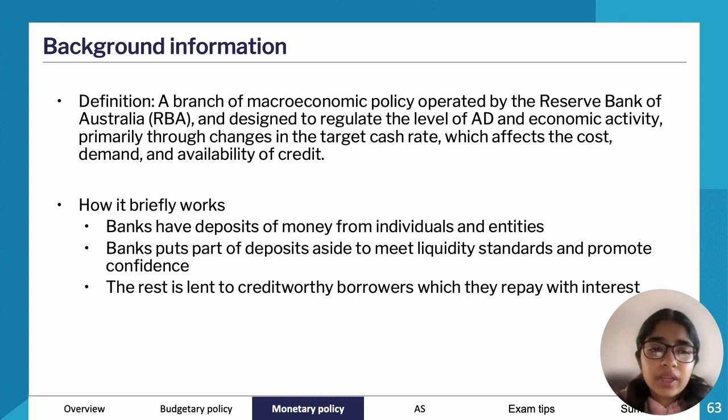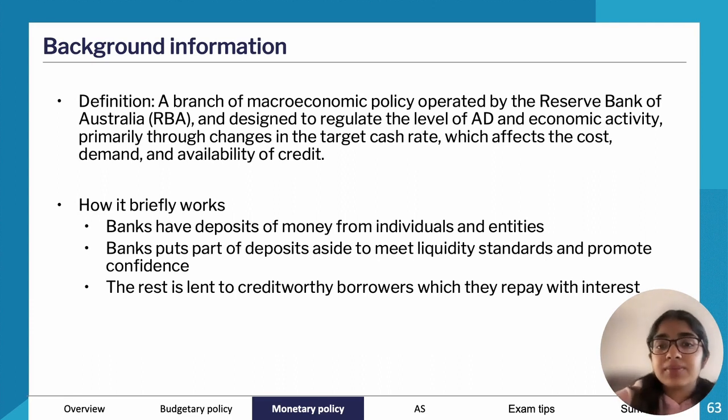So a very brief summary on how it works. Banks have deposits of money from individuals, from businesses, from different entities, right? They put parts of those deposits aside to meet liquidity standards, and they try to promote confidence.